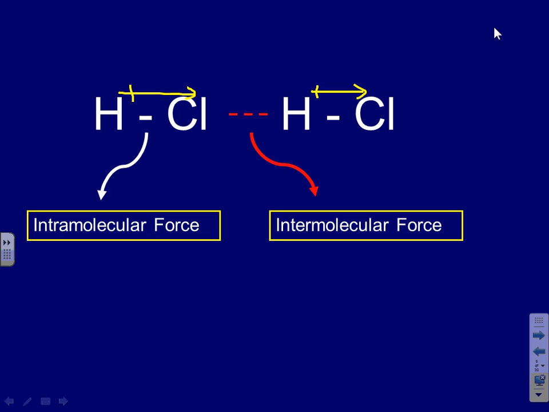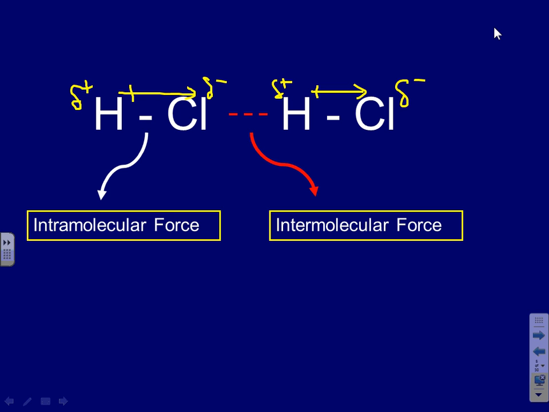So this slightly positive H is attracted to that slightly negative Cl. And you have a force of attraction because of this slight charge, and that's our intermolecular force. There'll be a slightly positive on that end and a slightly negative on that end as well. And that's exactly the way I drew it for you in grade 11 as well.